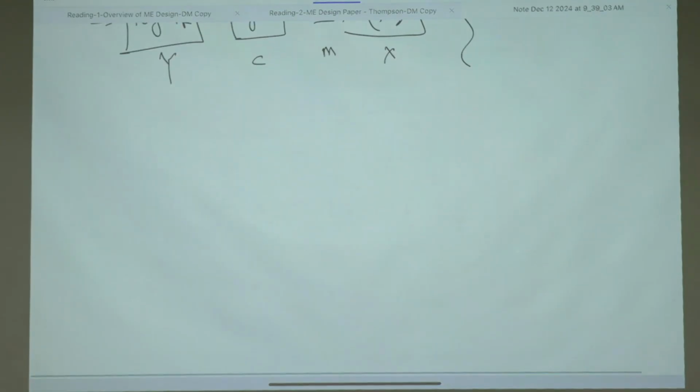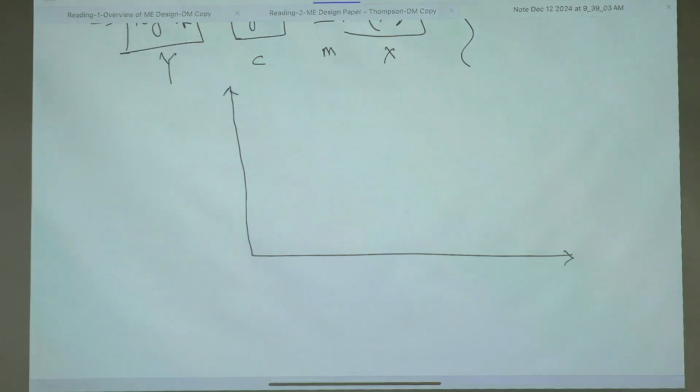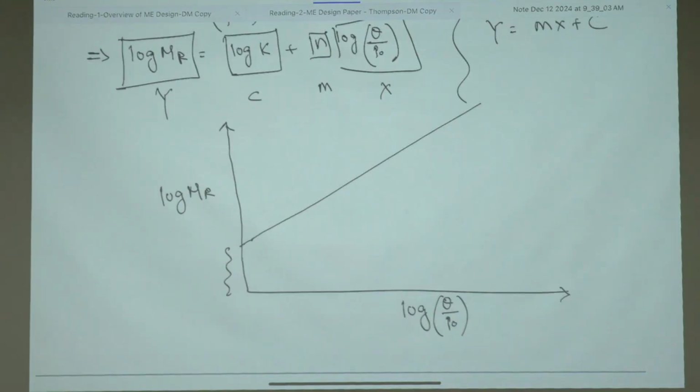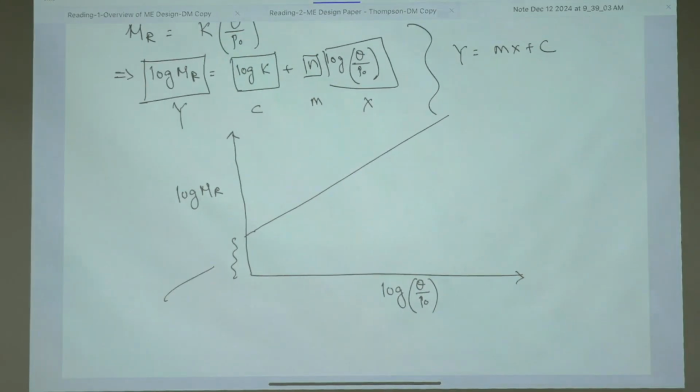So if you now just take a random graph, plot log theta over p naught, I just write theta over p naught to be consistent, and you plot log MR, you will get a line like this. This intercept is what? Log k, and this slope is n.